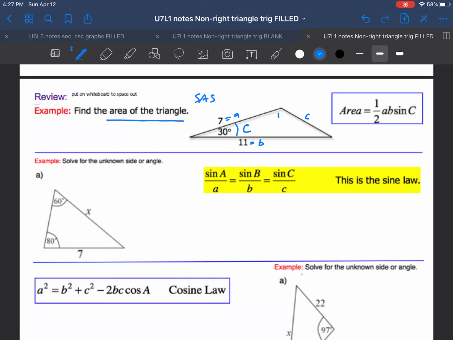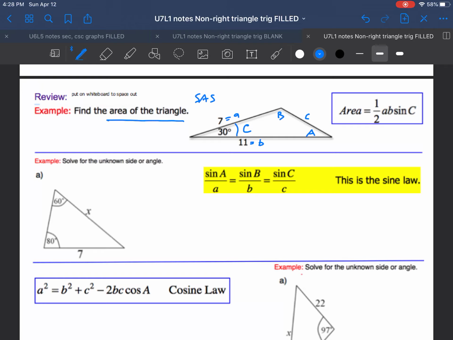The way we denote angles is we usually use capital letters. So if I've got side a here, angle A would be across from it. If this is side c here, angle C is across from it. And if this is side b, angle B is across from it. But this is pretty easy to do if we have this setup.